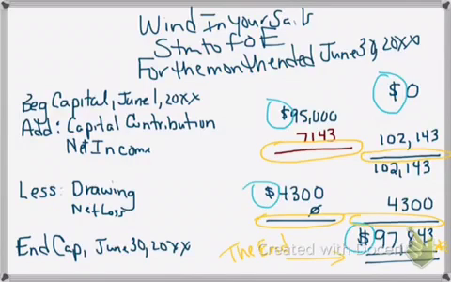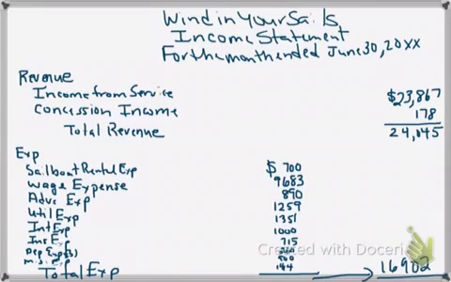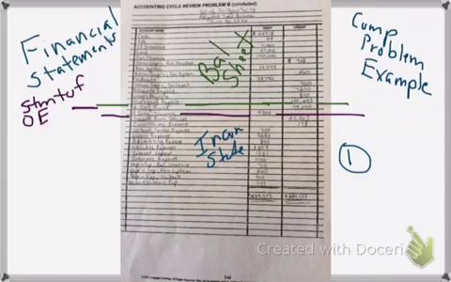All right. So I want to go back and look at the information. We have already completed the income statement, so that's done. We have done the statement of owner's equity. So we can check both of those statements off. Now we are at the balance sheet.